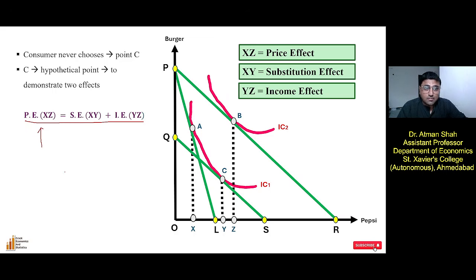In this XZ amount, the reason for the substitution effect, that is XY, is that the consumer purchases more of Pepsi and less of burger, or substitutes Pepsi for burger, and the consumer also increases the consumption of Pepsi from this increased real income. So that is the idea of price effect and its decomposition into substitution effect and income effect.